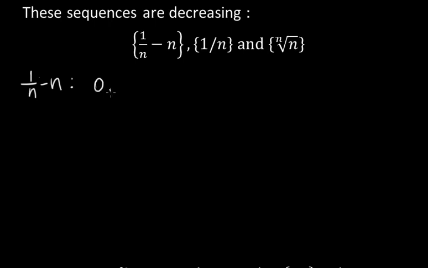Well, let's see, we have 1 over 1, first term is 0, and then we have 1/2 minus 2 is minus 3/2, and then we're going to have 1/3 minus 3 would be minus 8/3, and then 1/4 minus 4, or 1/4 minus 16/4, we have minus 15/4, and we see that it's just getting smaller and smaller without bound, and so it will just diverge, becoming more and more negative.